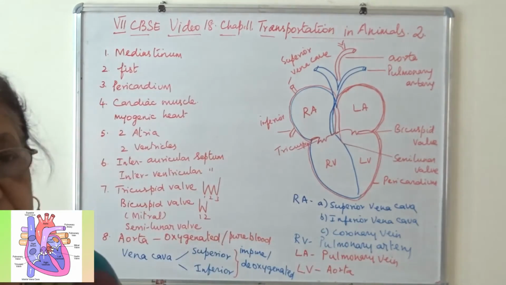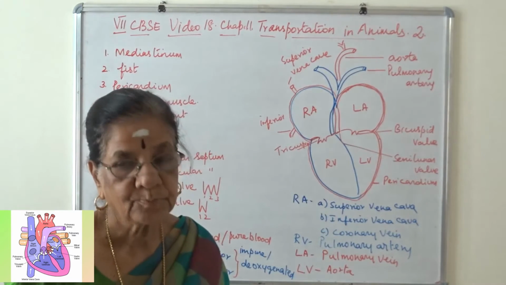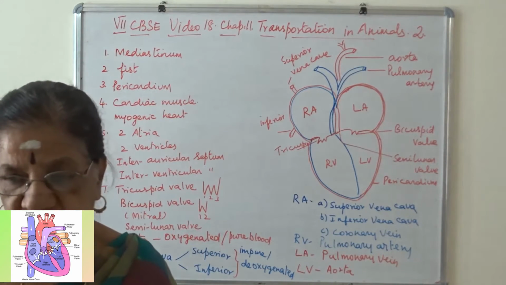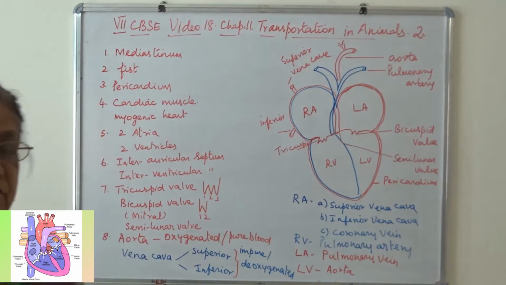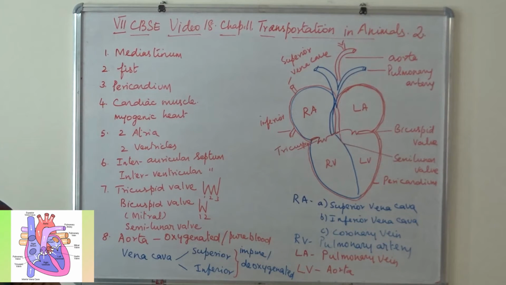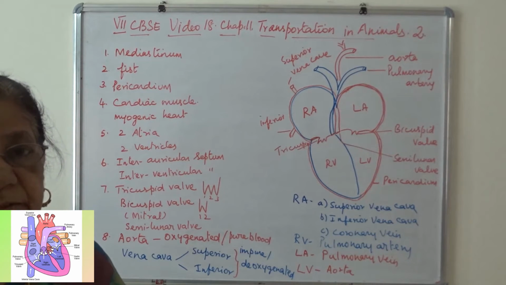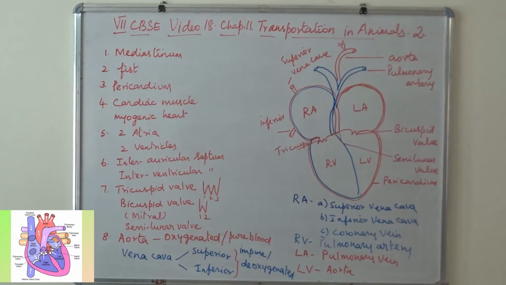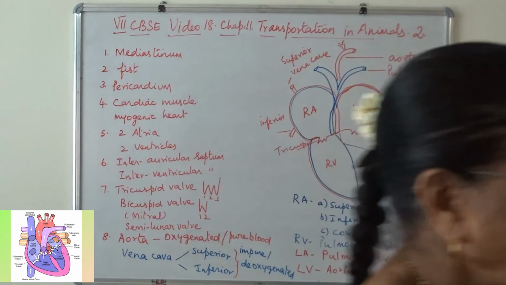Same way, from the abdominal portion and down, the impure or deoxygenated blood is collected and reaches the inferior vena cava. So vena cava is an impure blood vessel collecting deoxygenated blood from various parts of the body. So those are the two major blood vessels, aorta and vena cava. I hope you understand. Go through it.